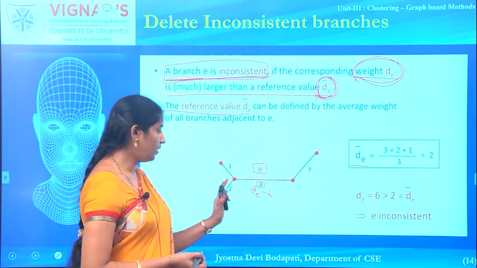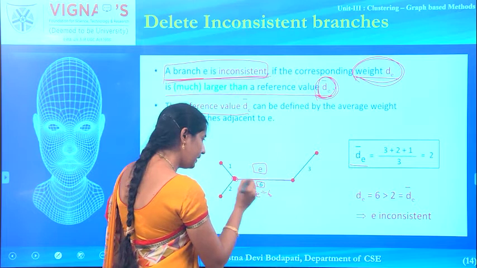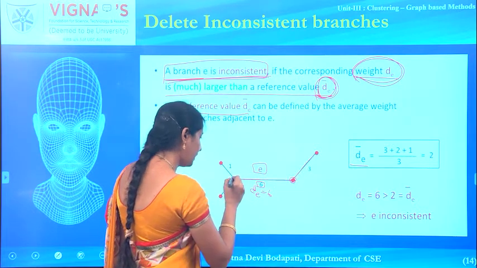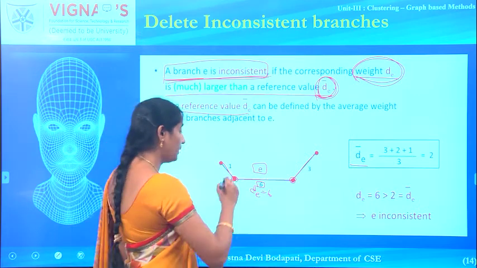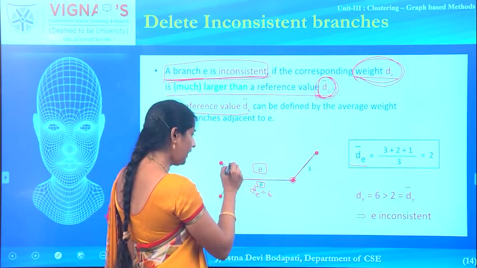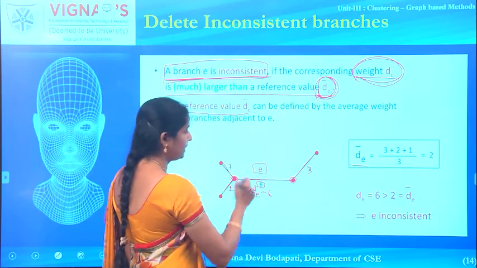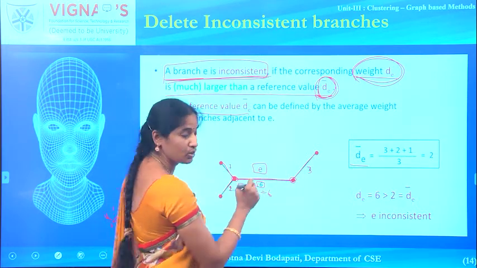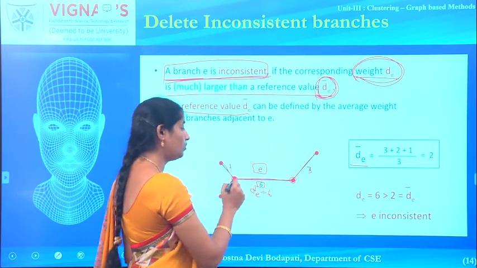What are the edges associated with this edge? At this end, whatever edges are associated, all those can be called associated edges. Once you know them, you take the edge weights of them. That is 1, 2 and 3. So, these are the associated edges with this edge. Now, you just take the average of that. What is the average?